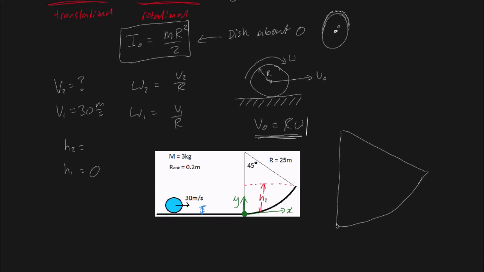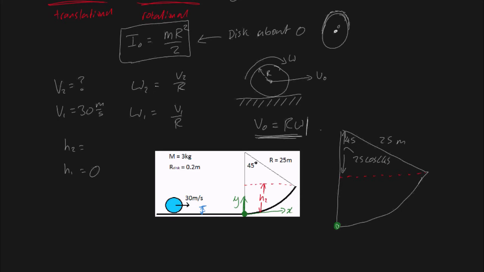This right here is our axis just here. Let me just draw that in green so you see that. This is our axis. This right here is our little red dotted line. This is 45 degrees. This is 45 degrees. We know this is 25 meters, meaning that we know that this distance from here to here is actually just 25 cosine 45, right? That's this vertical distance of our triangle just here, right?